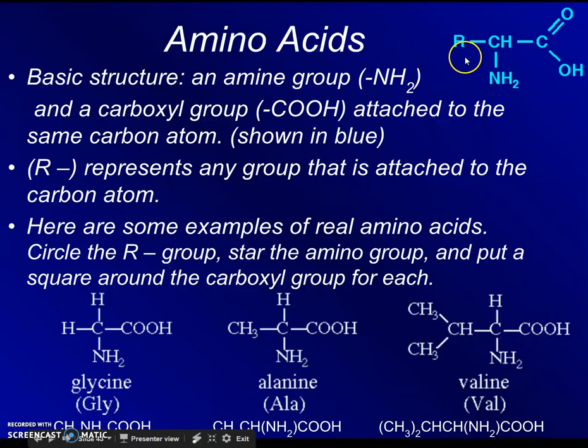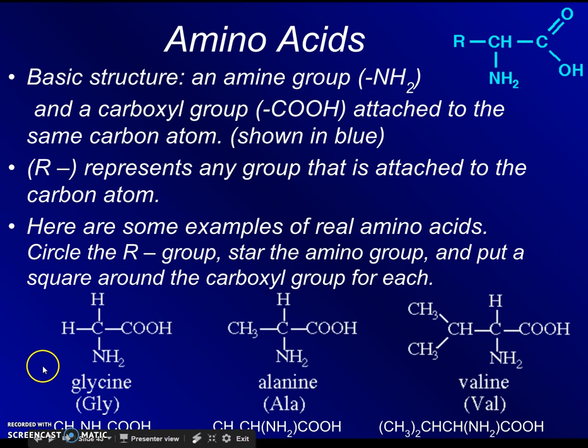So those are the things that are around this carbon. This H actually goes up at the top here, but they just put it right next to it. I guess they're friendly. So this is your basic structure for an amino acid: the amine group, the carboxyl group, and then the R group. There are 3 parts of an amino acid.